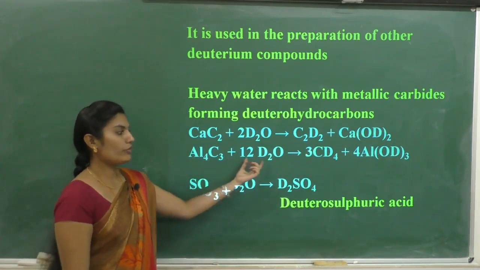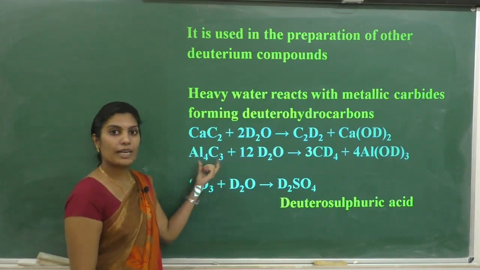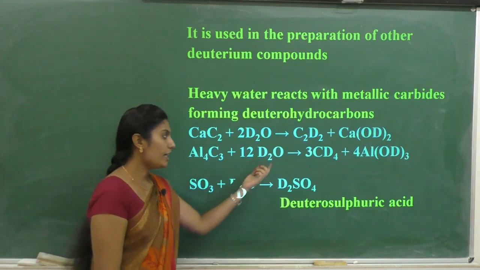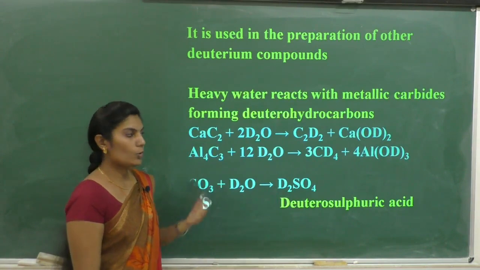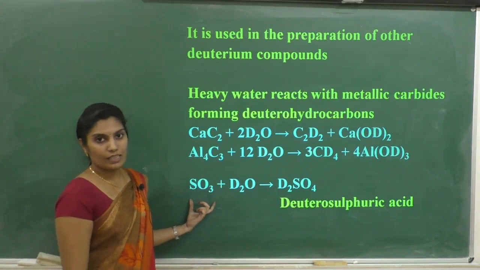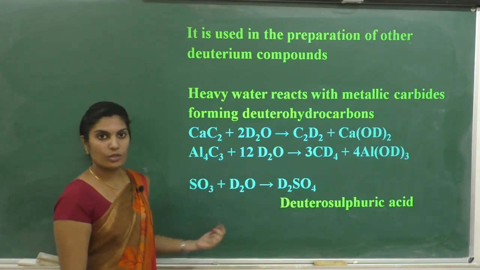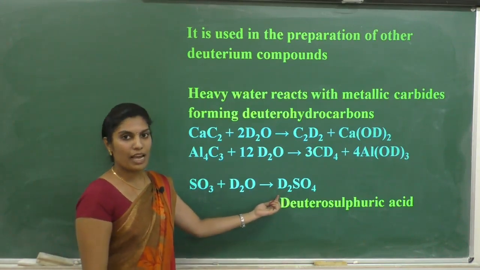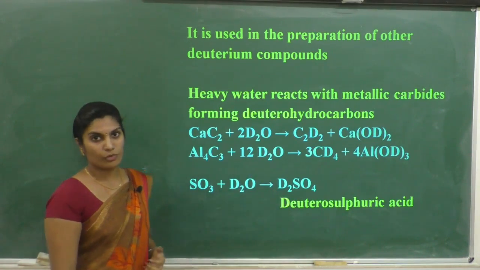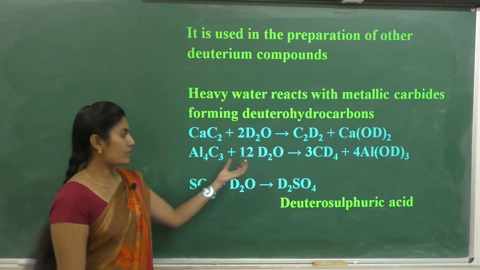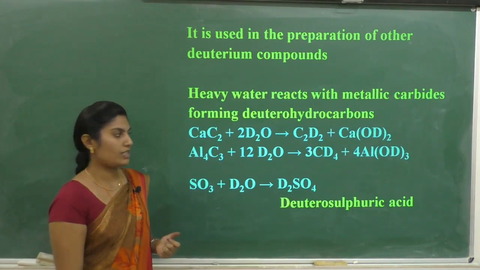Along with this, the reaction of deuterium oxide with aluminium carbide: when aluminium carbide reacts with deuterium oxide, it forms deuteromethane plus Al(OD)3. When sulfur trioxide is dissolved in D2O, it forms deuterosulfuric acid, same as H2SO4, this is D2SO4. Deuterium oxide is used in the manufacture of many deuterium compounds.